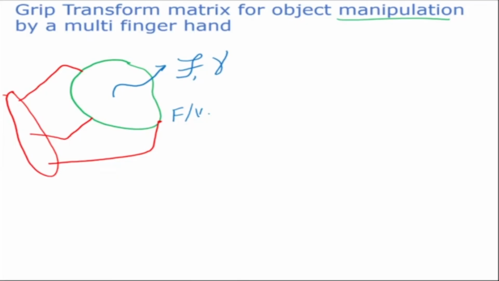So we have a multi-fingered hand which is holding an object. I want to impart some velocity or move this object along a particular path. For example, let's take it simply, I want to move it along a straight line like this. Now the fingertips will have to apply some wrench, because of which there is going to be a resultant motion of the object in that direction. It basically means you have to grasp plus move.